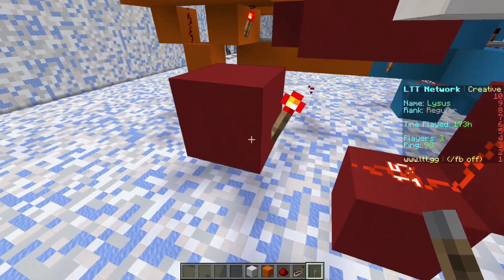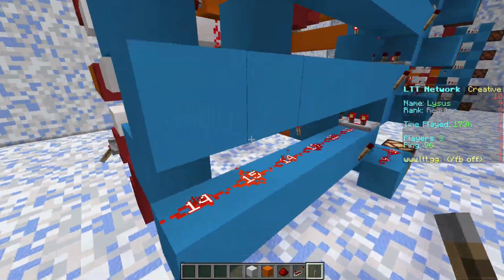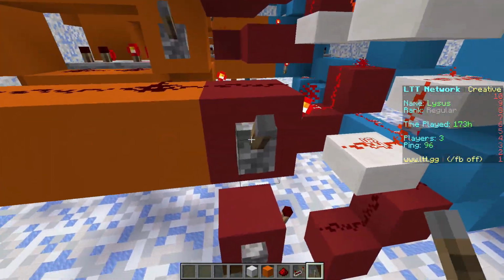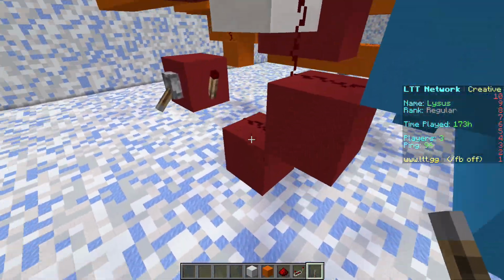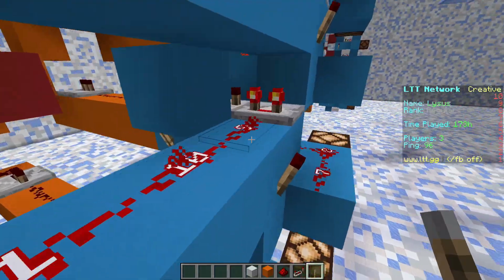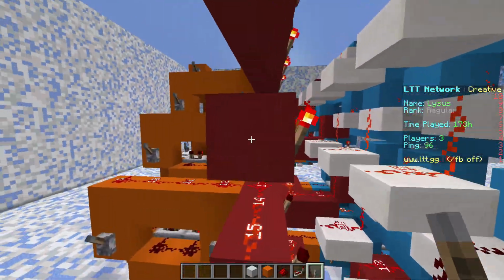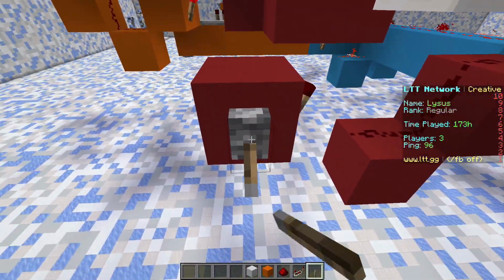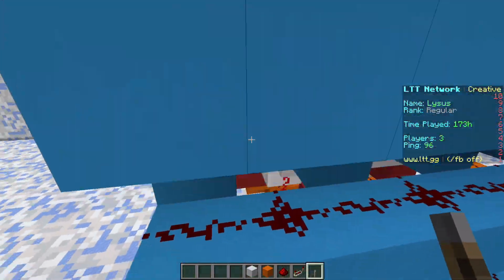So if we get a lever here, we're generating a carry right here, right now. And then we want to propagate, as in turn this torch off actually. We are actually propagating, allowing this to turn on, so we propagate over here. And then we can do this so on, so forth. So it's propagating upwards, but if the generate is off, this redstone line here turns on, turning off all the torches.